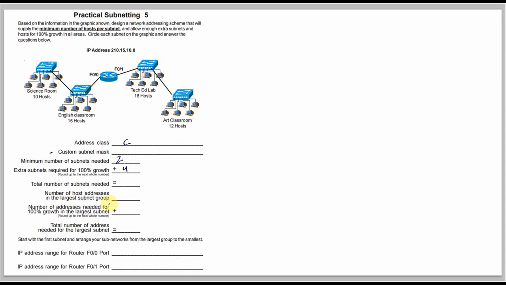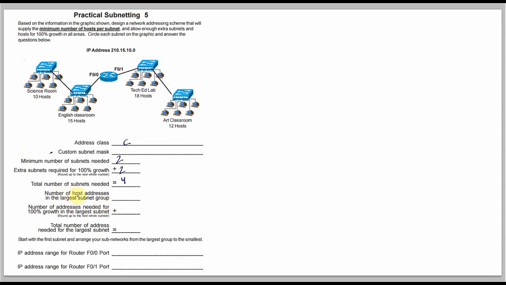Wait a second. No, that would not be it. 100% of that number would be 2, and the total number of subnets required would be 4. Alright.